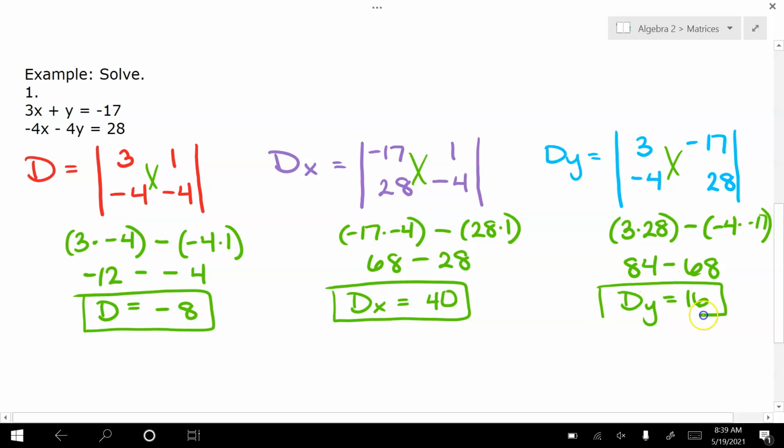Okay, so for the determinant of your x, I got 40, and the determinant of my y, I got 16.